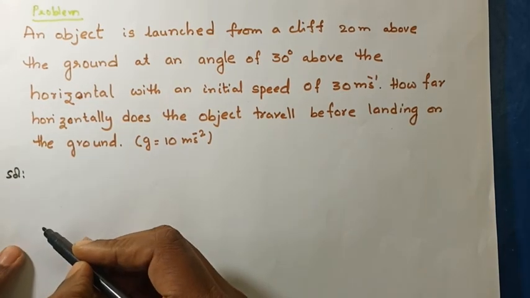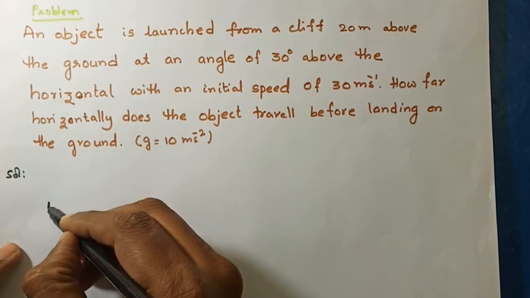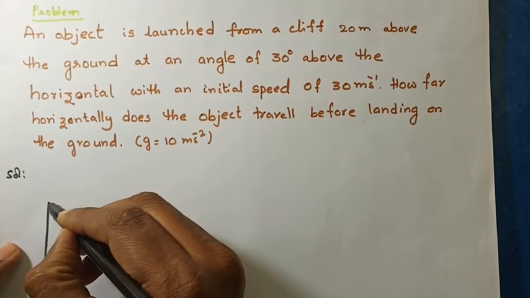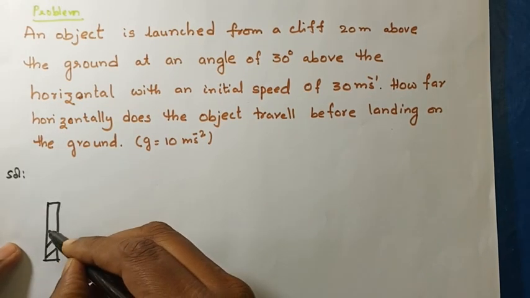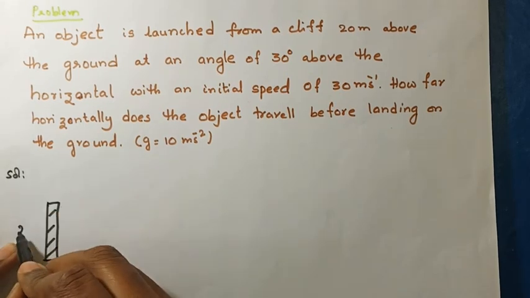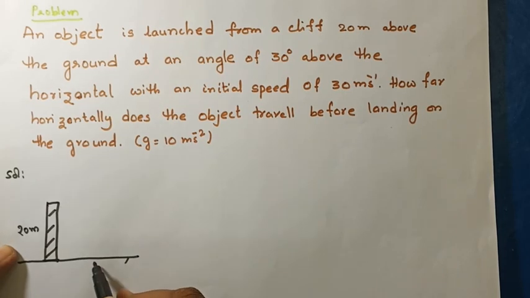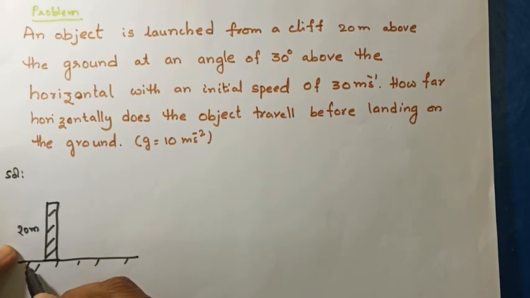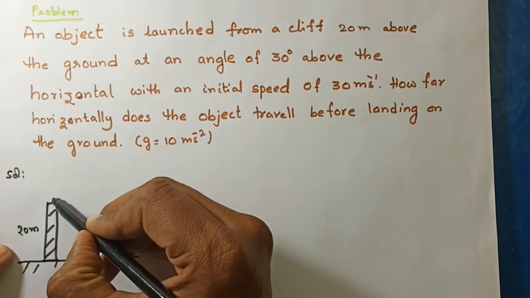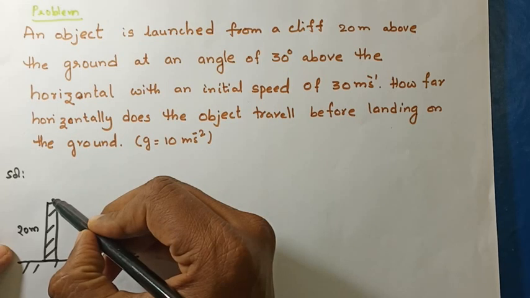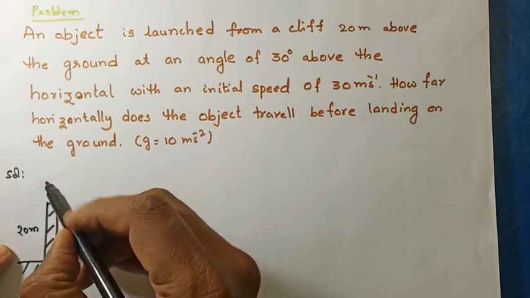See, first let us understand what a cliff is. A cliff is simply like a tower. This is 20 meters above the ground level. From this, an object has been thrown with initial speed 30 meters per second, making 30 degrees with the horizontal.